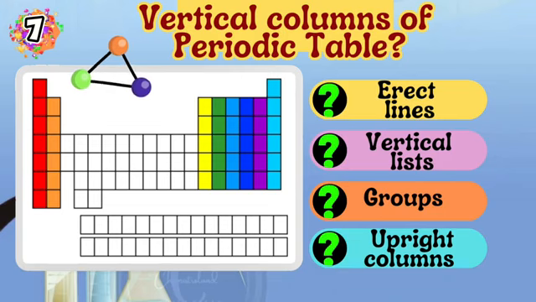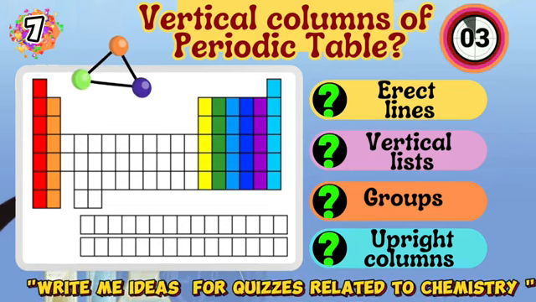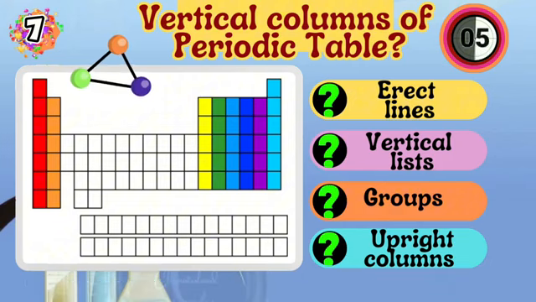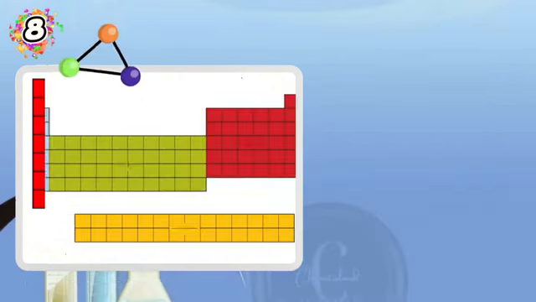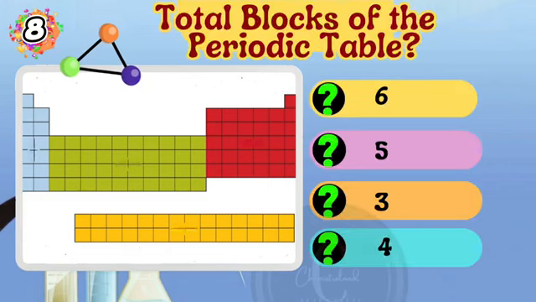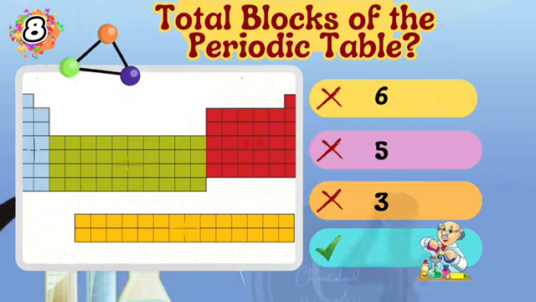What about the term for vertical columns? Vertical columns are known as groups. What about the number of blocks? Yes, it has 4 blocks.